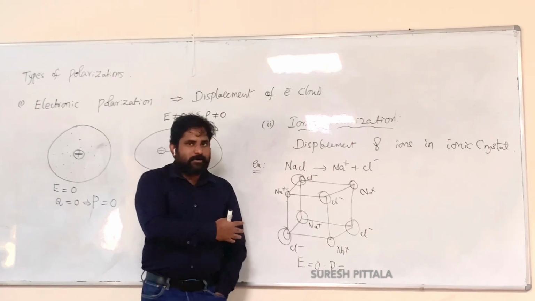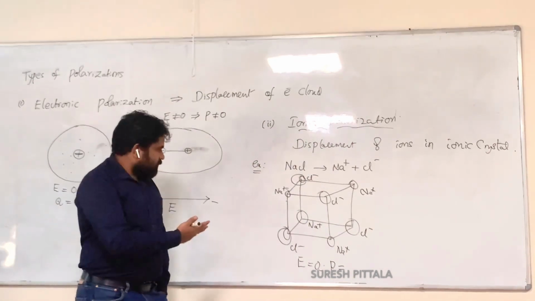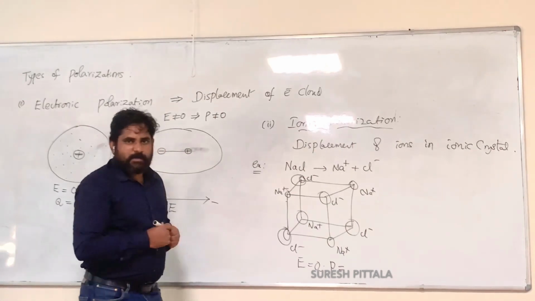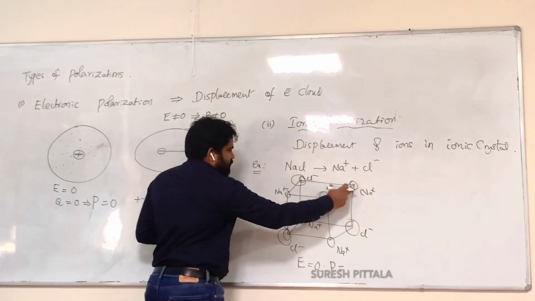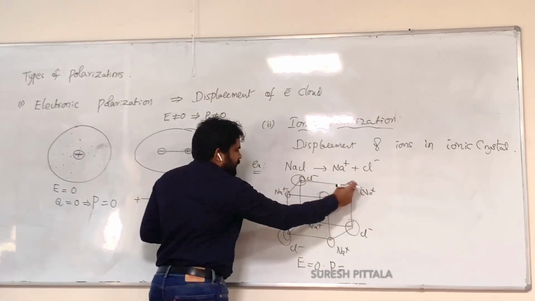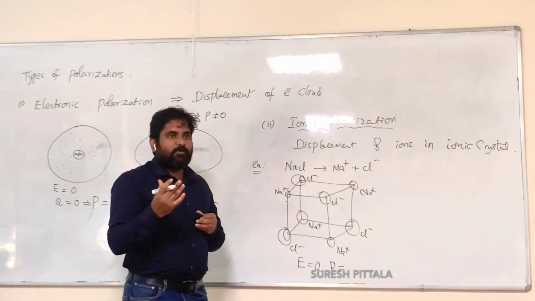The orientation. You are right, orientation. Look, here it is. Consider one dipole at a moment. Let us consider this dipole. Focus on this dipole, Na plus to Cl minus. Which direction is the dipole moment?